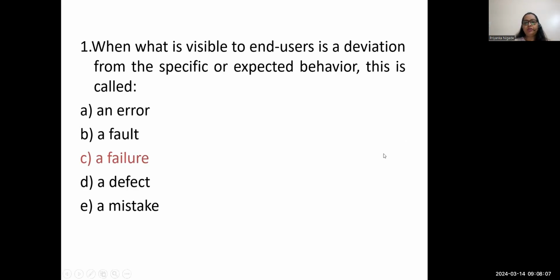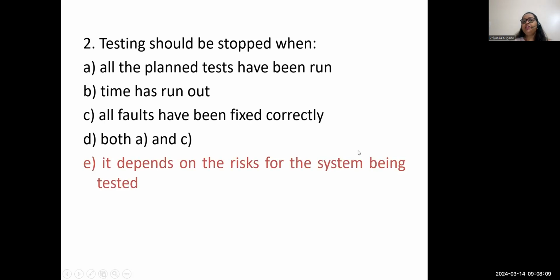Okay. Second question, testing should be stopped when? As I told you, in ISTQB you'll be getting multiple choice questions and most of the options are similar, and we feel that okay fine, every option is correct, but you need to write your appropriate answer, right? So generally if all planned tests have been run, we can stop testing, that's true. Time has run out, then we can stop testing, that is also true.